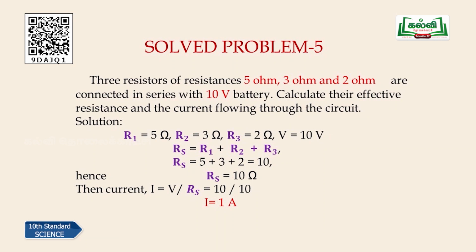So, when we rearrange Ohm's law, we get the formula for current I is equal to V by R. Here R is the effective resistance. Now, we have to substitute the values. The potential difference given is 10 volt. We found the effective resistance equal to 10 ohm. When we substitute the values, we get 1 ampere. So, through the circuit, 1 ampere current is flowing.